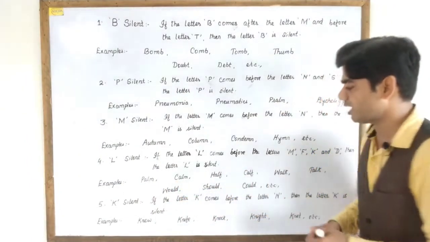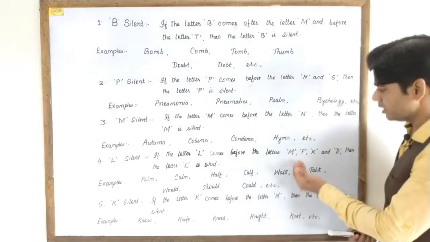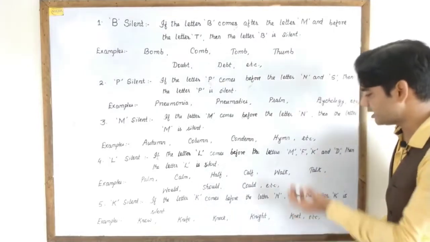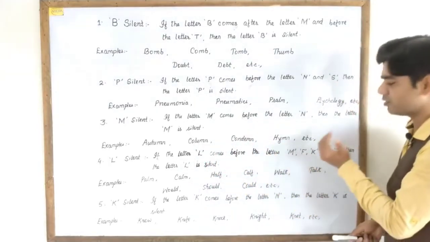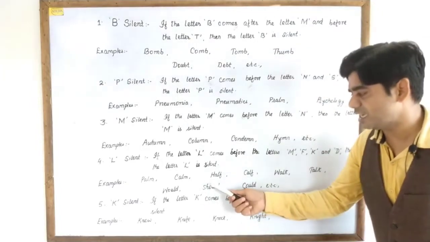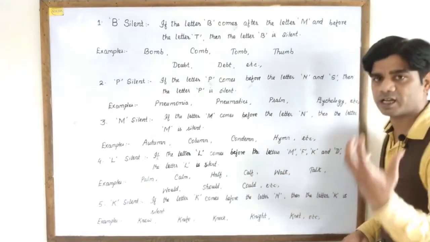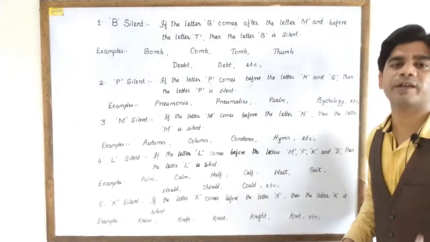Now another example we have is HALF, half. You can see that as per the rule, if the letter L comes before the letter F, then the letter L becomes silent. So HALF, half. CALF, calf. Now we'll move on to some more examples.